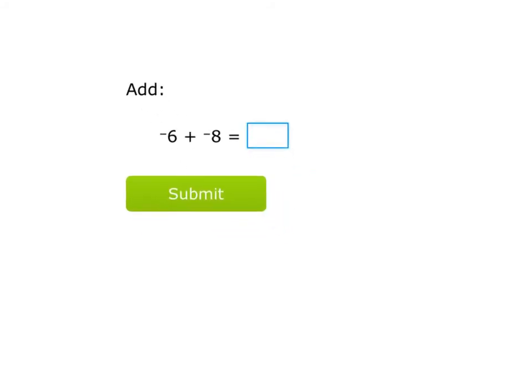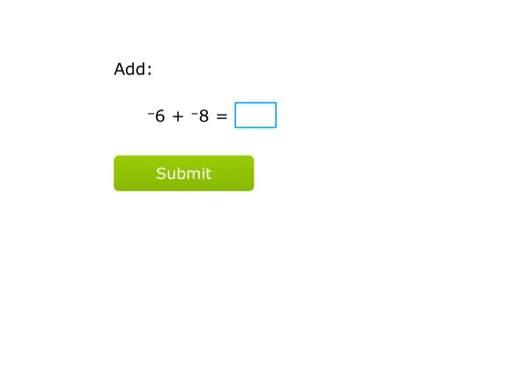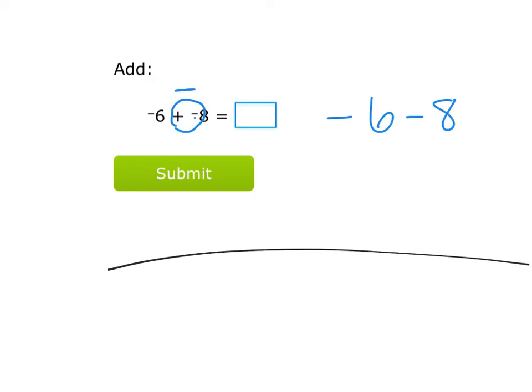Okay, so we have negative 6 plus a negative 8. Let me show you how this one would work. When you have two signs next to each other, a negative and a positive, the negative wins. So I could essentially write this as negative 6 minus 8. If I were to do a number line, let's say this is at negative 6, because that's the first number. Then I have to go 8 more. So this went negative 8 more.